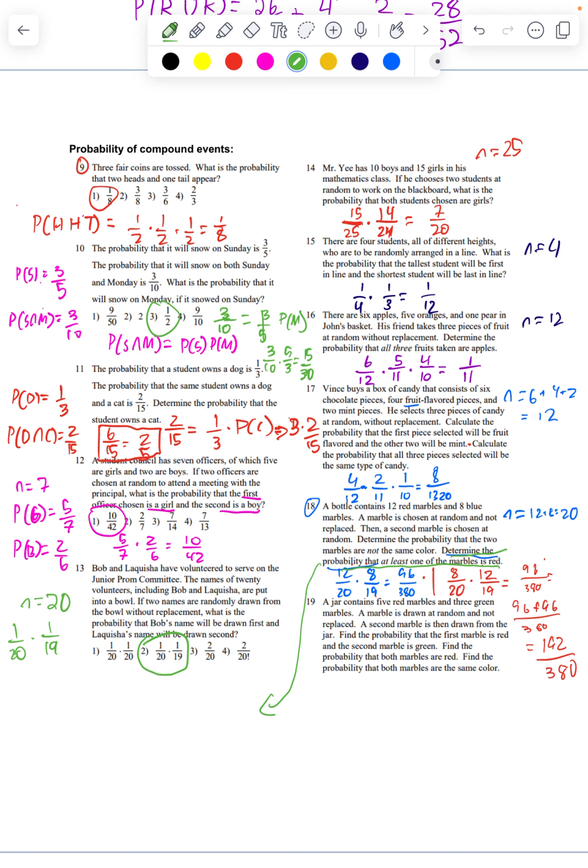So what's the probability of drawing red? The probability of red, P of R, is going to be 12 over 20. All right. And now it wants to know that at least one of the marbles is red.